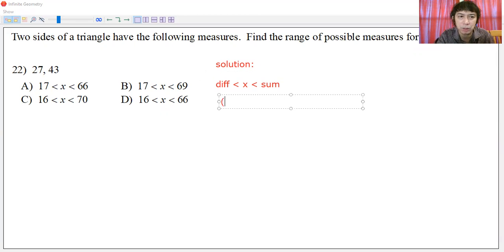So we shall begin with 43 minus 27, and then put the symbols, and we have the sum. 27 plus 43, like that, okay? And this must be about, how much is that? That looks like 16.